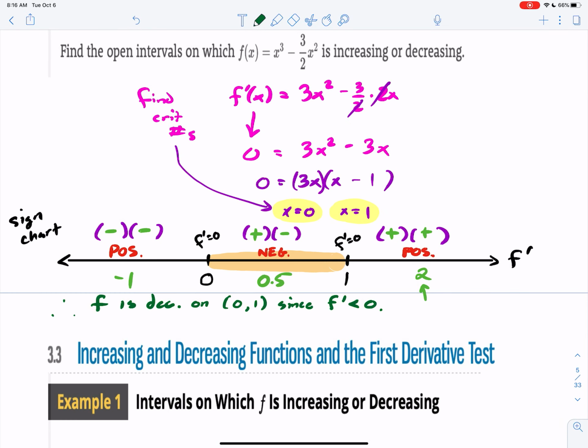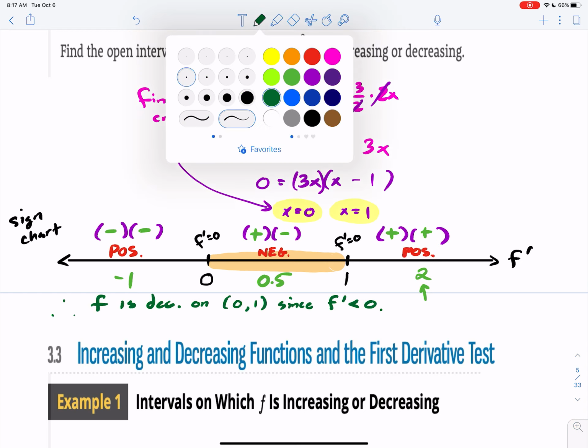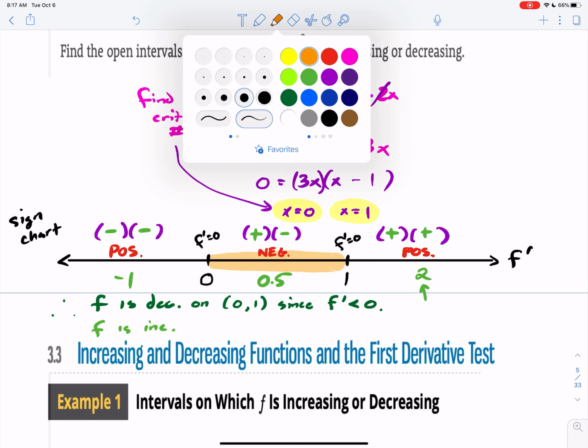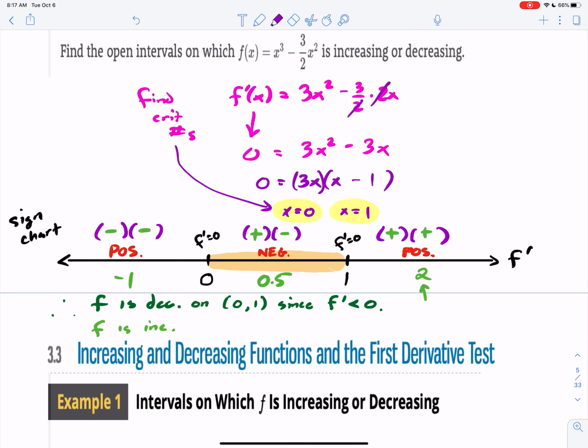Okay? Okay, so I want you guys to go ahead and write a statement for where f is increasing and justify it. Okay? Go ahead and press play whenever you're ready. So here I know that f is increasing. I'll highlight it in purple here. From the far left to 0, and then from 1 to the far right.